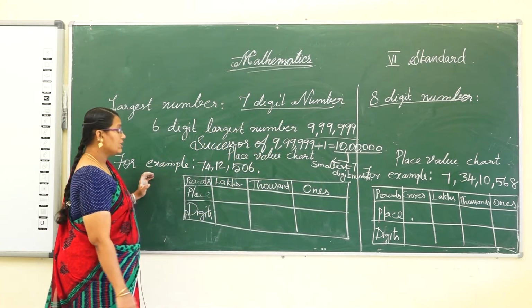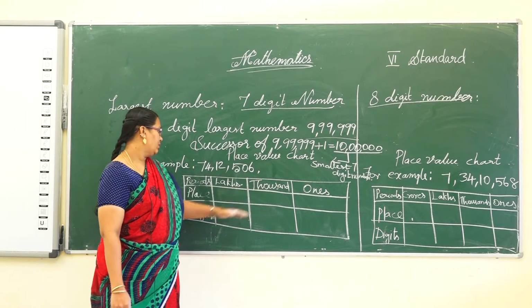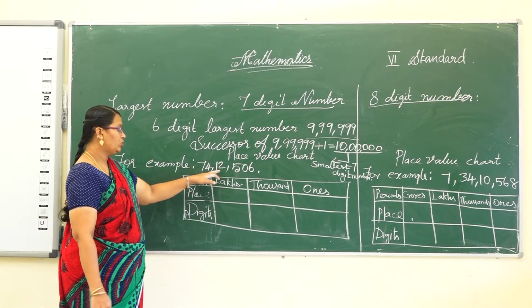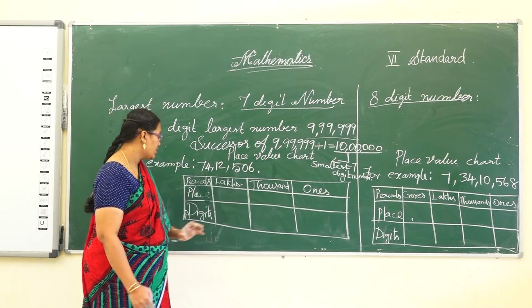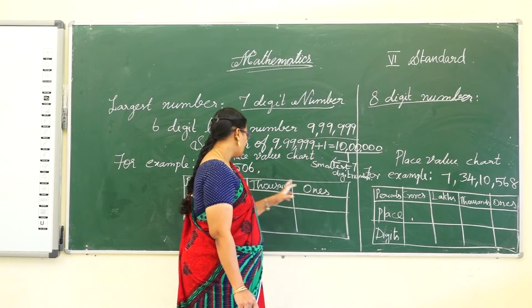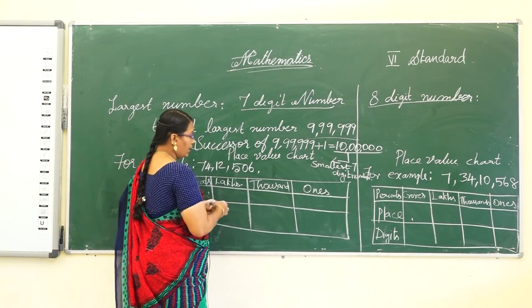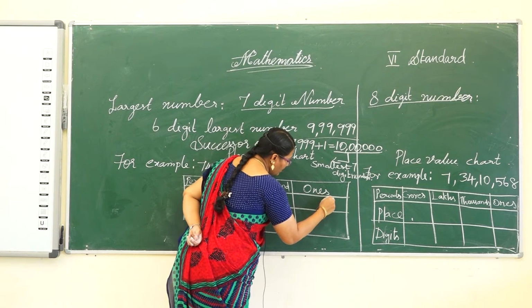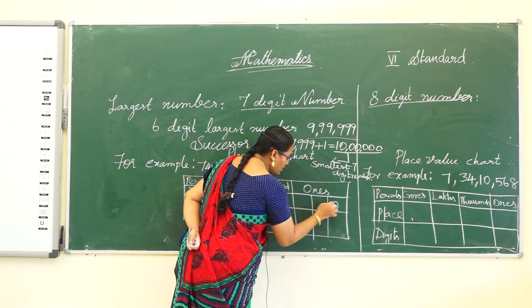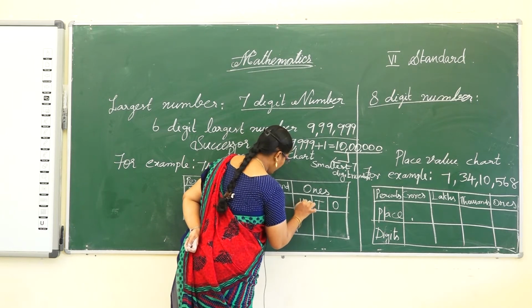And now see how to write the place value chart for 74,12,506. So this is a place value chart: ones, thousands, lakhs. It divides into 3 parts: ones, tens, hundreds.